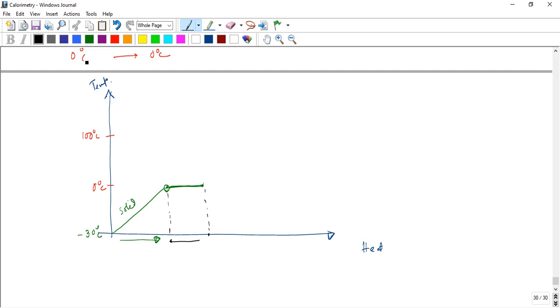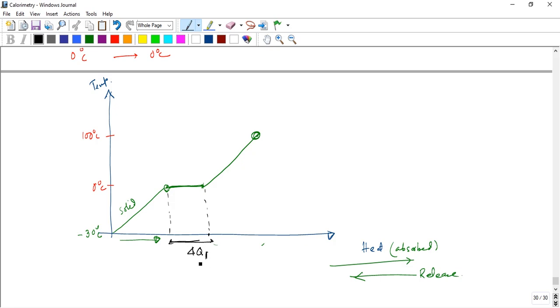After that, heat is also increasing, means heat is being absorbed, and now the temperature is also increasing. The important thing here is that this heat is called delta Q1.